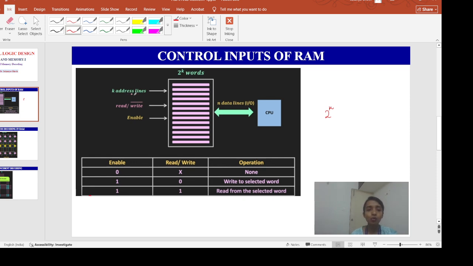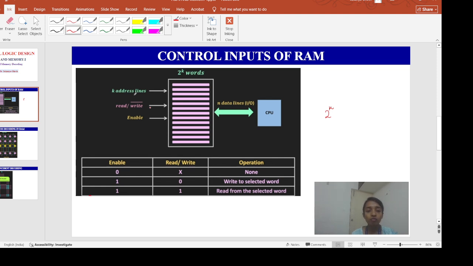Now, if the word consists of n bits, if it is an n-bit word, then to read the data from the memory we need n output lines, and to write the data we need n input lines.